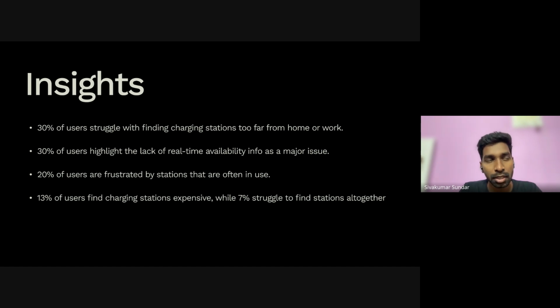Even if I have just 10, 20 kilometers of charge and my college is around 15 kilometers away, and I know the charging station near my college or office is still active, I don't have to wait at home for a full charge. I can just go with the remaining charge. If I know it's active, I'll just go there and charge it. So these are the major problems that users face.